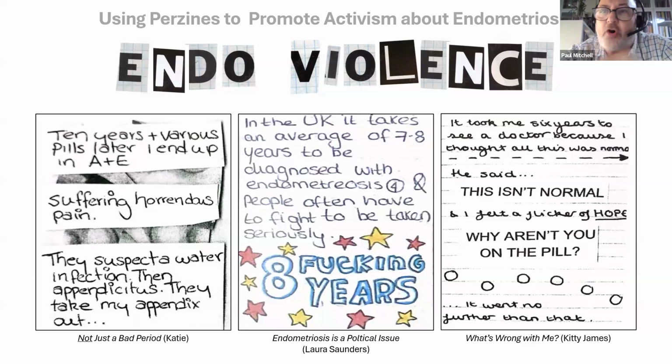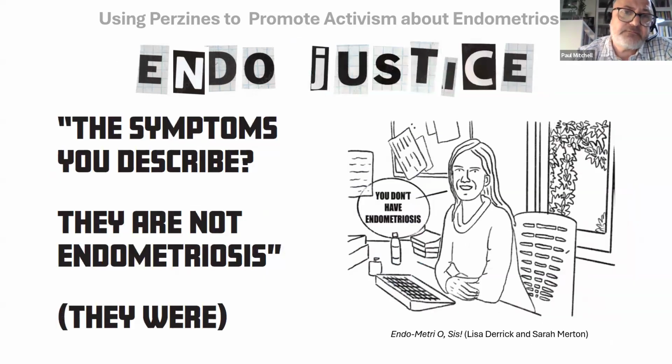But the very act of documenting and sharing these negative experiences in perzines is a form of defiance and resistance. Handwritten, angry, frustrated, perzines provide compelling evidence, I think, that endometriosis is not just a health issue, but an urgent matter of social justice.